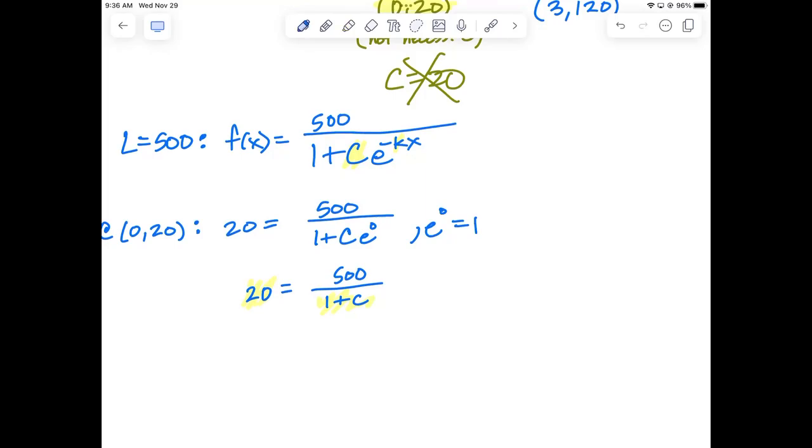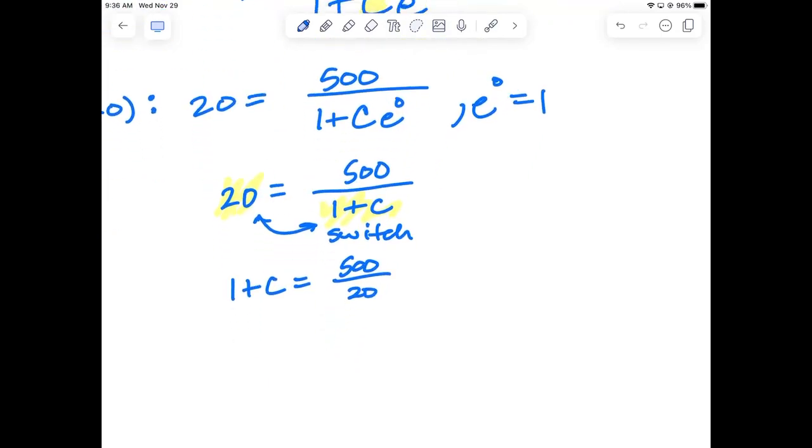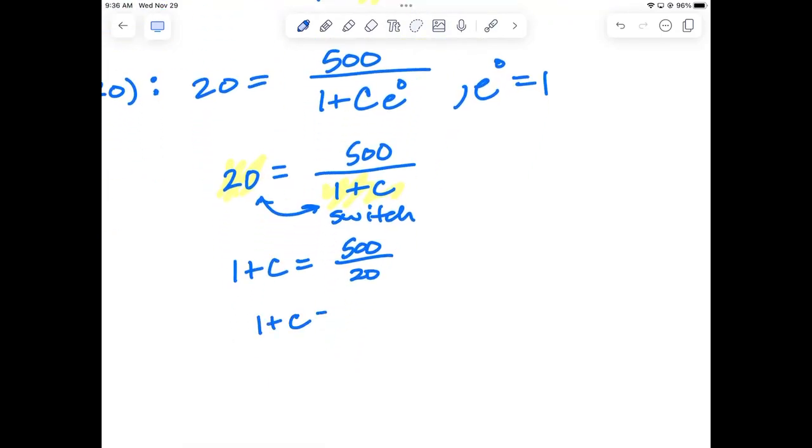The top left position and the bottom right position can switch places. If you want to do that in 2 steps algebraically, you could put the 20 over 1 and cross multiply, but that just takes more steps. I'm going to write this as 1 plus c equals 500 over 20. Now it's going to make it easier to solve for c.